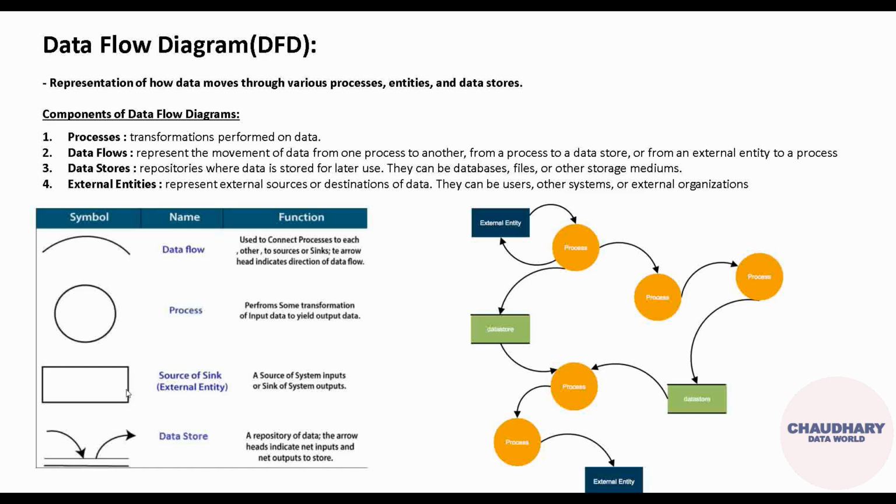After that, we have the external entity. Suppose there is a user, a student registration is going on, so data would be coming from the student side. That is an external entity. It is not part of our business. It is something controlled by the student, which is external, right? So that is the external entity, which is linked here again by the data flow.